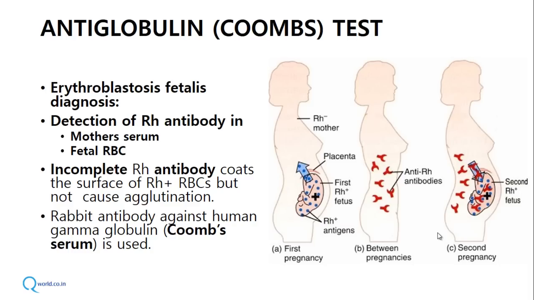Then there is the Coombs test. The Coombs test is used to detect Rh antibody in case of erythroblastosis fetalis. Let me give you a brief of erythroblastosis fetalis. When we have an Rh negative mother and Rh positive father, and the baby or fetus is Rh positive, then during the first pregnancy, during delivery, whenever maternal and fetal blood mix with each other, the fetal RBCs get into the maternal circulation.